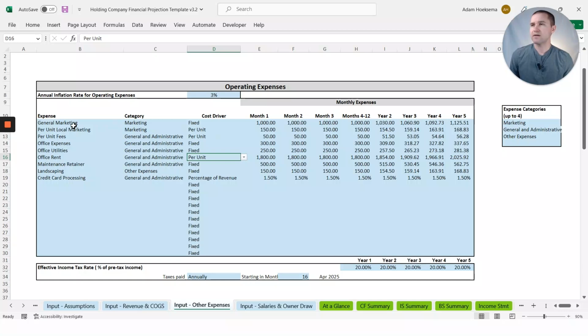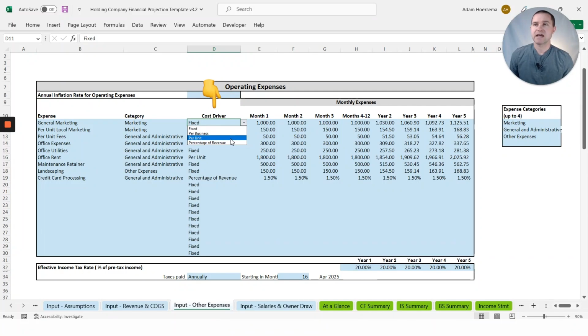All right, so now let's look at our input other expenses tab here. What you have here is the ability to add in operating expenses. You have a few different options. You can add an expense as a fixed dollar amount, meaning it's just the same every month. So it's just $1,000 for marketing every month, or a per business or per unit cost.